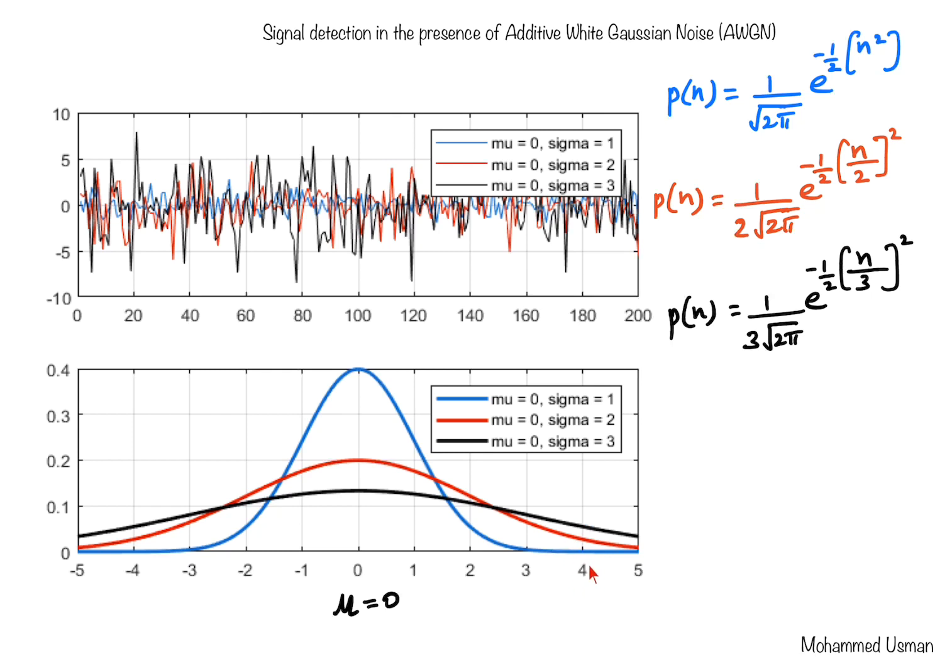So for example, at 4 volt here, the blue PDF or the blue noise waveform has the smallest probability of the noise being 4 volt, and then the red PDF or the red waveform has the second highest probability of having the noise amplitude of 4 volt, and the black waveform, which has the highest standard deviation, has the highest probability of having a noise amplitude of 4 volts. So you see that as the standard deviation increases, the probability of higher amplitudes for the noise voltage becomes higher.